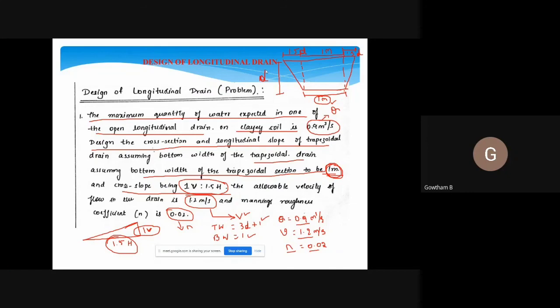There is no requirement of any extra force for the flow of water in the drain. Okay, that's why we have to calculate how much bed slope we have to give, and what depth of the trapezoidal section we have to provide, in order to get a discharge of 0.9 meter cube per second and to maintain the speed of water in the channel at 1.2 meter per second.